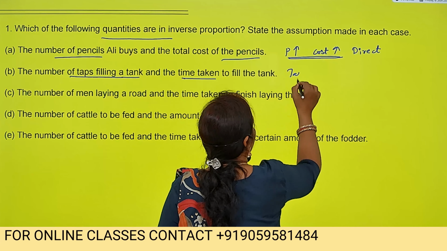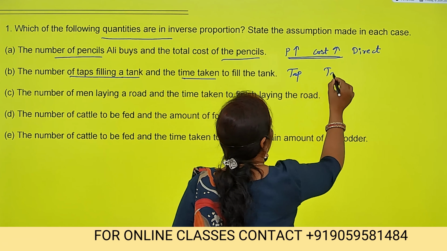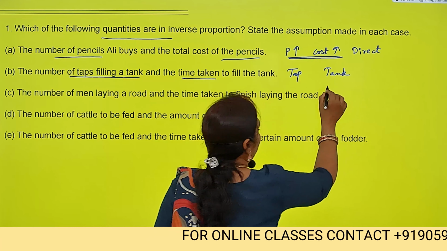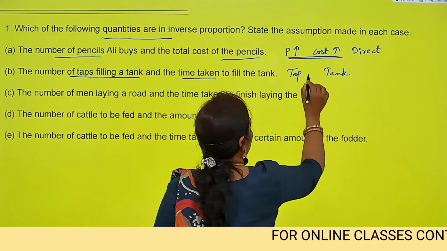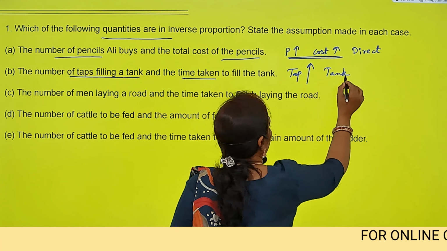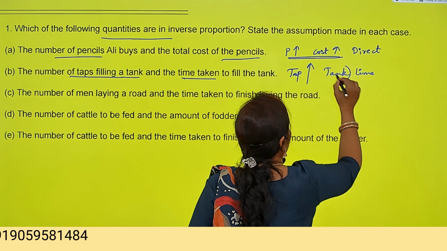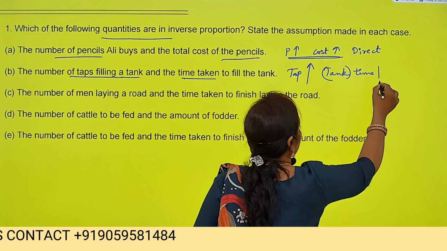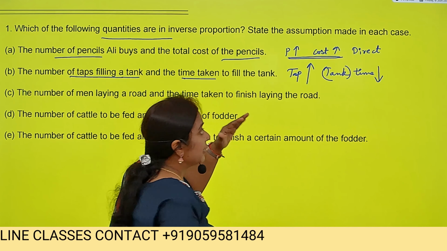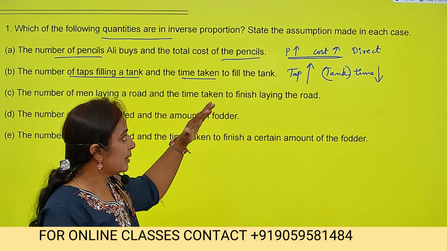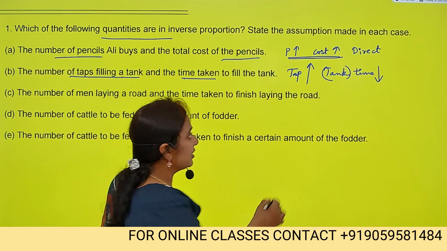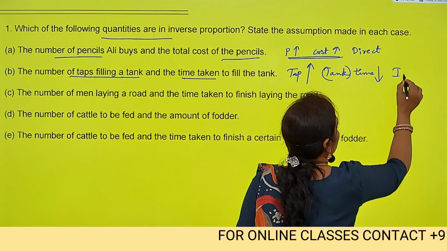Take the same tank. If we increase the number of taps, the time taken to fill the tank decreases. So it is inversely proportional.